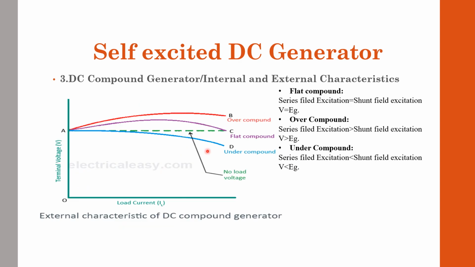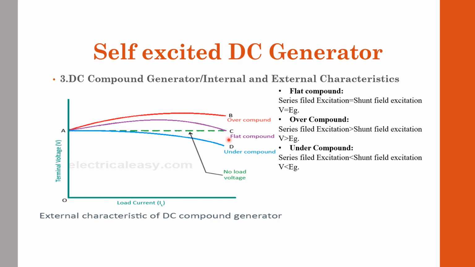Then finally, the third type of self-excited DC generator, that is the DC compound generator. The internal and external characteristics of the compound generator are like this. Here there are three components: flat compound, over compound and under compound. What does flat compound mean? In the compound generator there are two field windings, the series field winding as well as the shunt field winding.